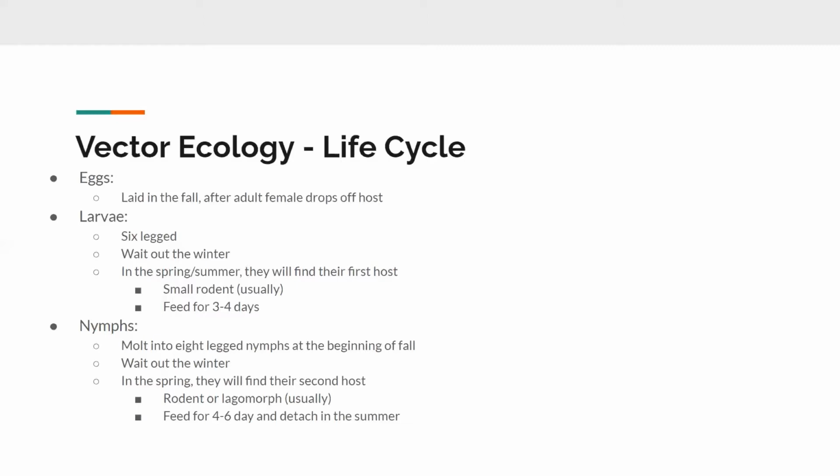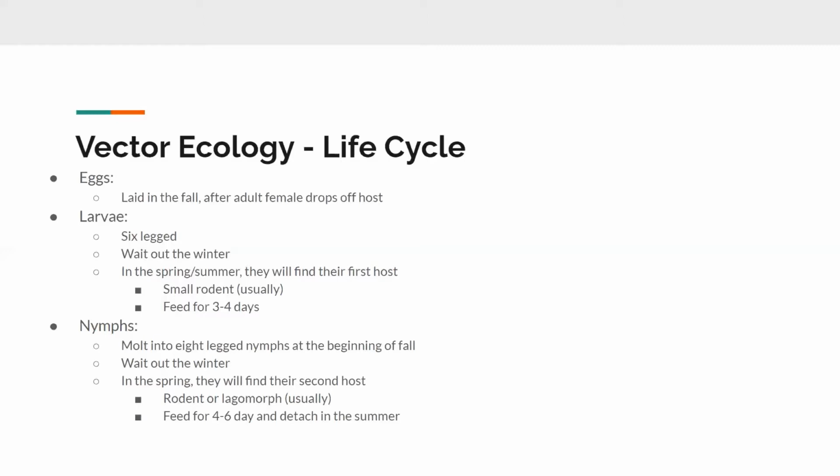This molting happens at the beginning of fall, and in the nymph stage, they wait out the winter. In the spring, usually early spring, they will find their second host, and this is a rodent or lagomorph, and lagomorphs are creatures like rabbits and hares.